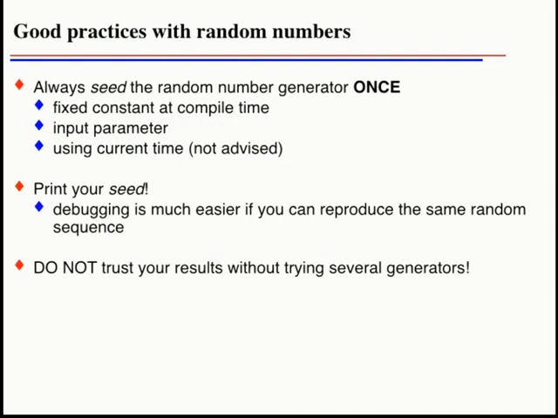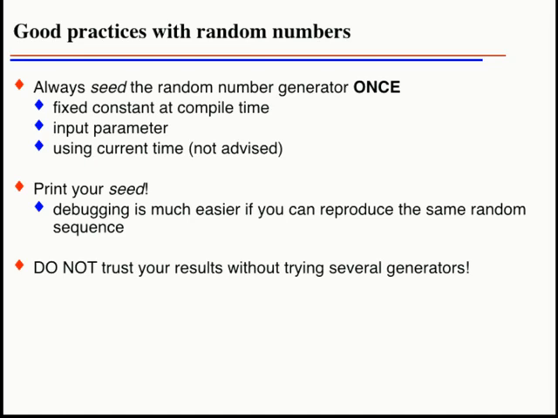So we are almost done. I just have a few pieces of advice for you, especially when you have to use random numbers, and for an example, it's already in the Penna model. What you have to be really careful about when you use pseudo-random numbers is that you have to seed your random number generator only once. Otherwise, I mean, there are wonderful theorems showing you that a random number generator is good.